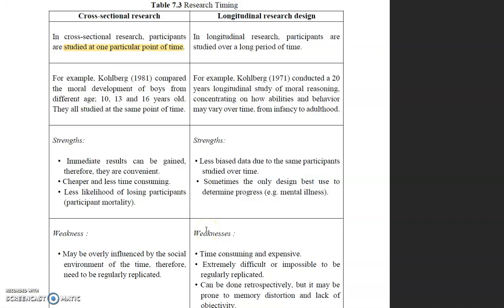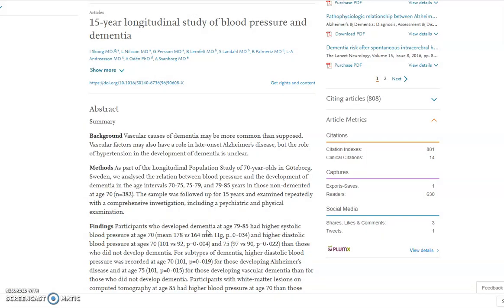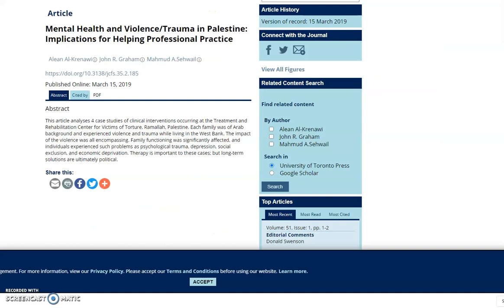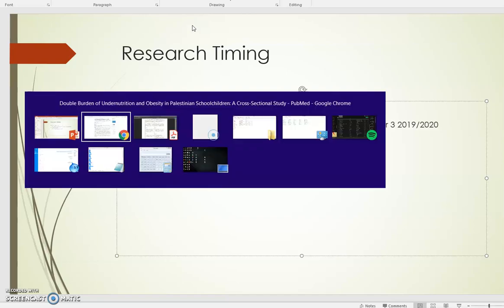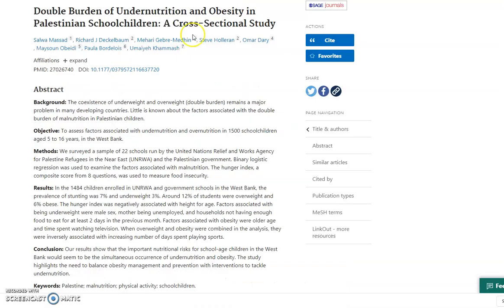Now, let's look at a real example of research that has been conducted. It's clearly mentioned here that this is a cross-sectional study. The title of the research is Double Burden of Undernutrition and Obesity in Palestinian School Children.